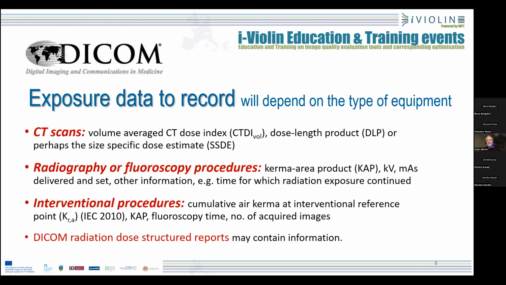And in interventional procedures, perhaps the cumulative air Kerma at the interventional reference point. So that's the radiation at the center of the beam at the distance reckoned to be that of the skin surface from the X-ray tube. And you might get this information from the DICOM radiation dose structured report.